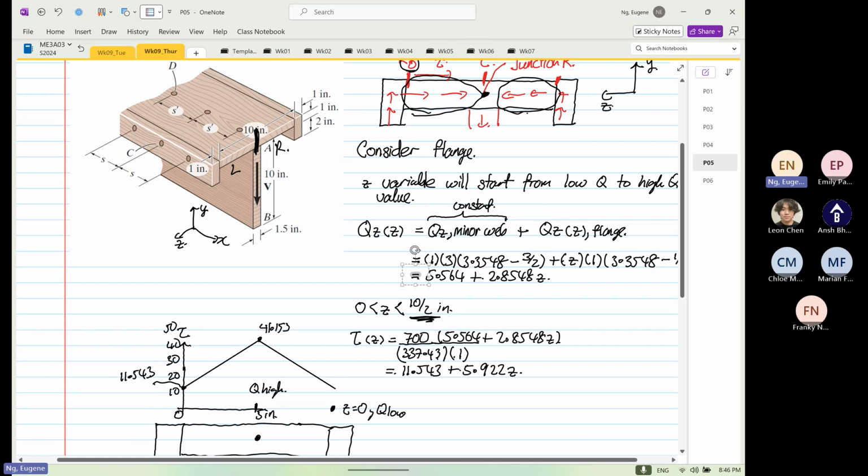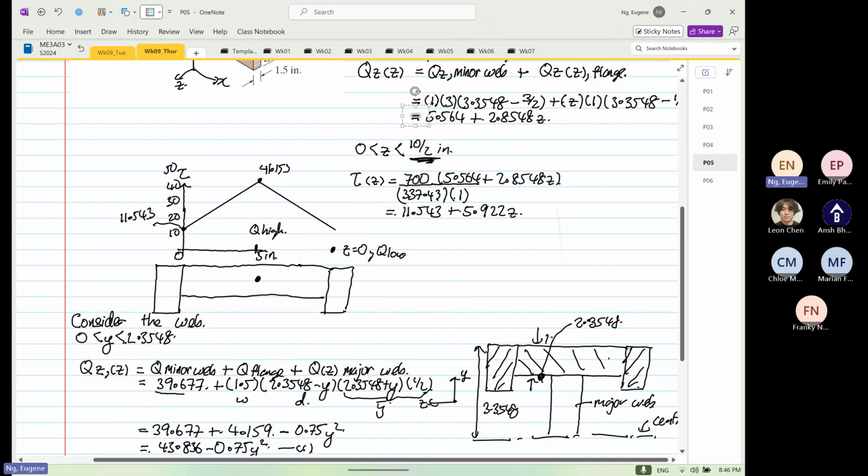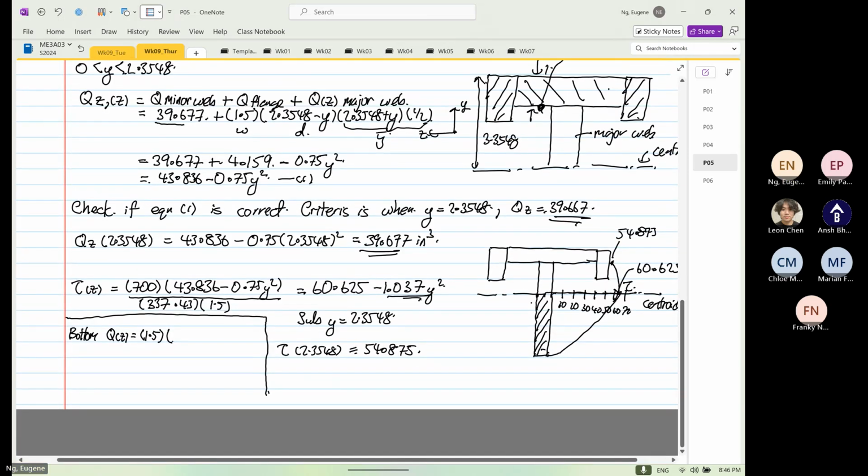Okay, so 11 minus the centroid, which is equal to 3.3548, so 7.6452 minus y. It's a function of y.